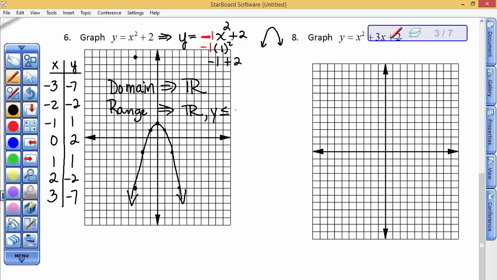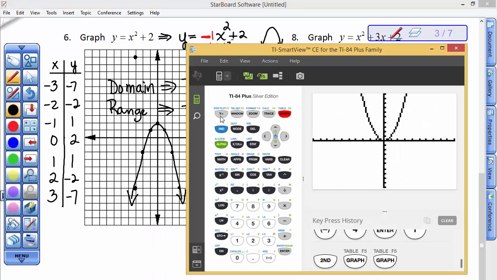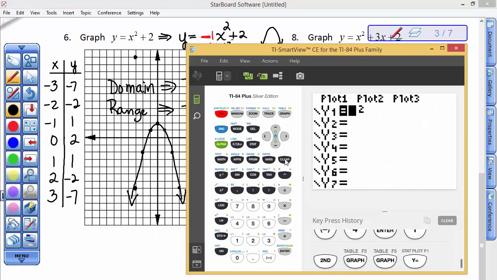Want to show you another feature on the graphing calculator. So you put your y equals, we put in a negative, use the negative sign here, x squared plus 2, and I hit the graph key. There's the parabola that we just graphed.